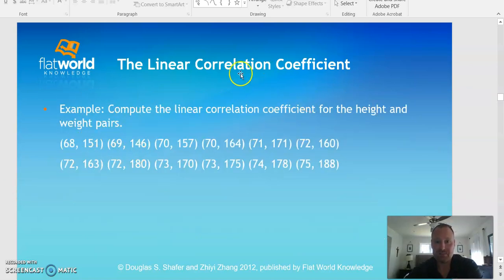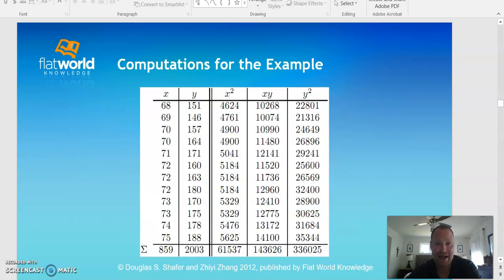So in this particular example, they're just taking a collection of points. This would be an example that we would work through here, and we would compute the linear correlation. So the next slides are going to help us to compute that, okay? What's nice when you do this is you take all your x values, you take all your y values, and you can use your knowledge from Excel to work through these problems. If you were to put all the values in for x and y, this would be an ordered pair, 68, 151, right?